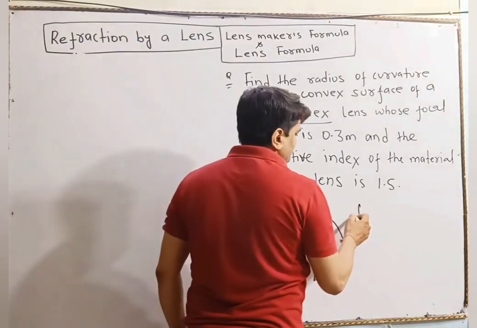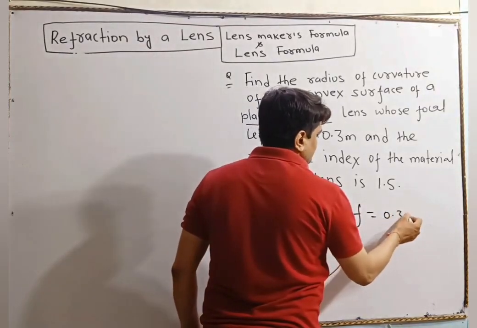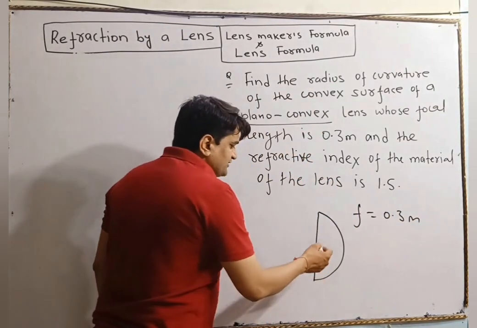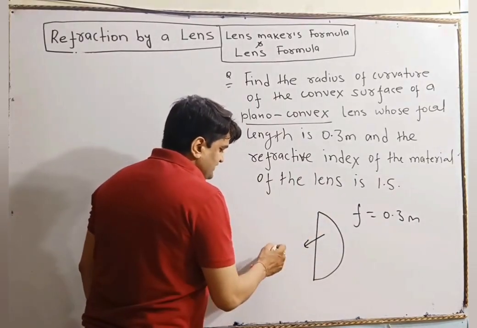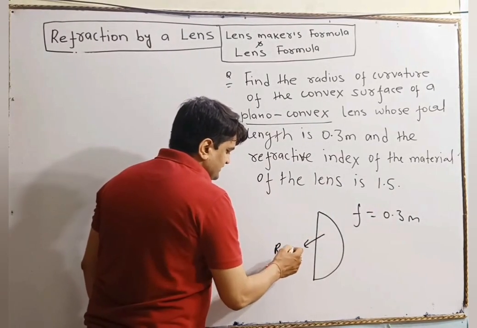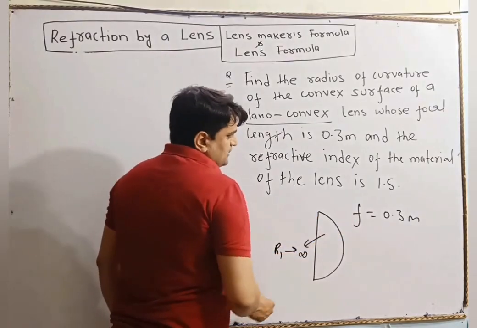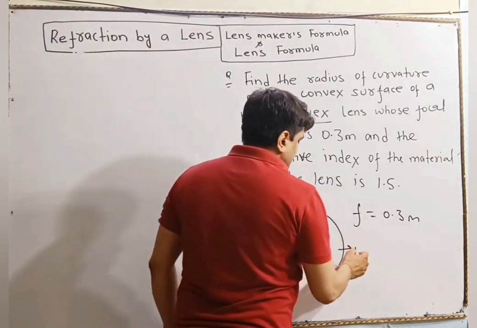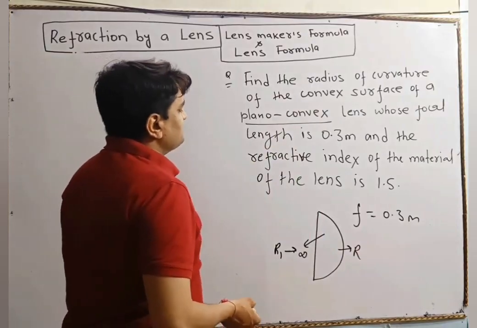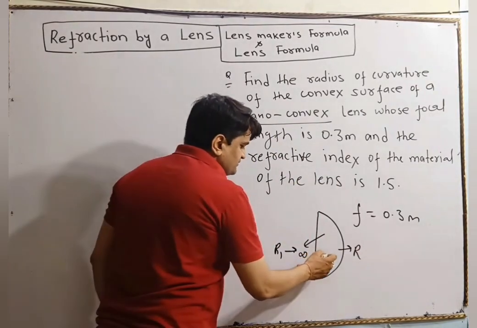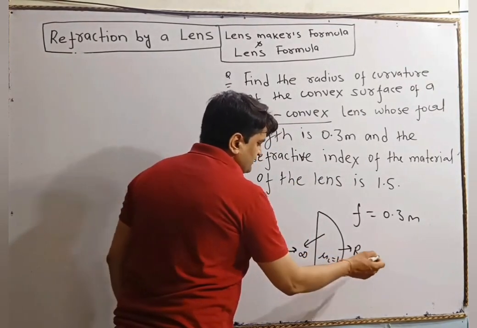That means F is given, 0.3 meter. And as we know, the plane surface has radius of curvature infinite. Let the convex surface radius be R. It is unknown.